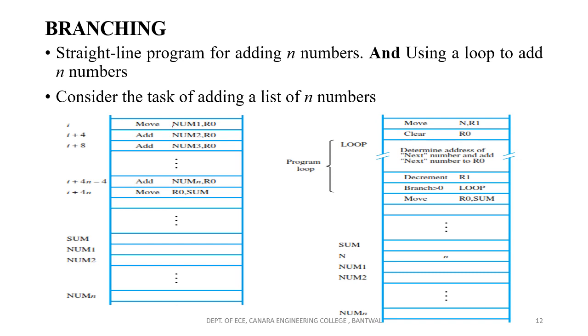That is move num1 comma R0, add num2 comma R0, add num3, num4, num5, num6, up to numn. If there are 100 numbers, you keep on writing this particular instruction 100 times. After adding 100 numbers, then move the result, that is R0, into a particular register sum.